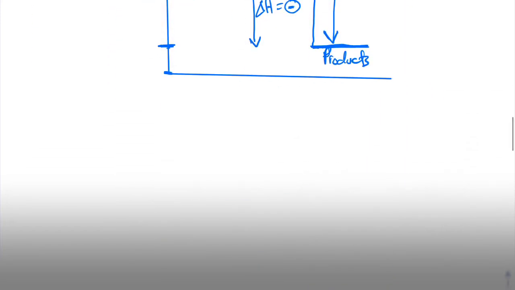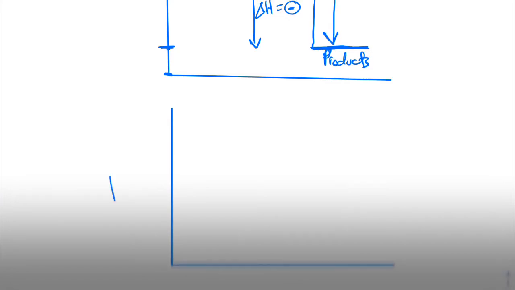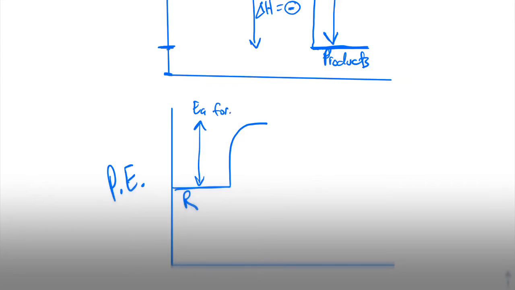Now, if this was an endothermic reaction, it would have looked very similar. So this would be my potential energy over on this chart here. We would have my reactants starting right here. I'll just put R for reactants. We're going to have some type of activation energy. So the EA forward is right here. And we have our activated complex form. But this time, it's going to start to fall back down.